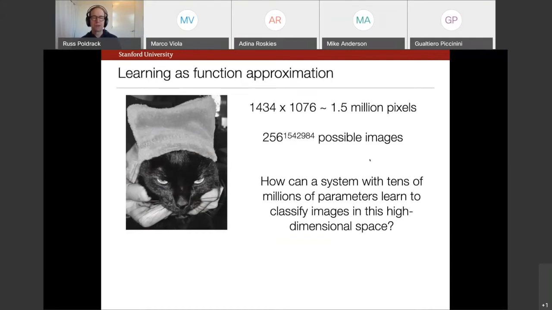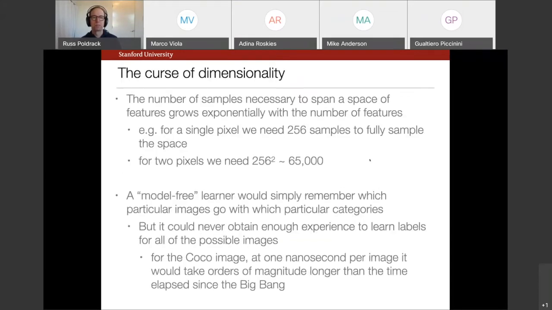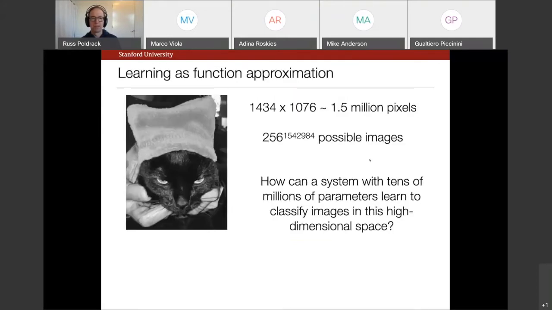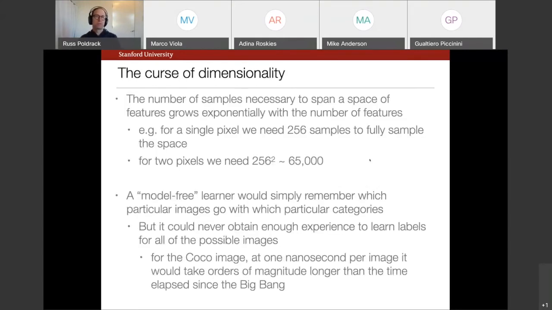In particular, there's a problem that arises when we think about how we would go about learning the relationship between any possible one of these 256 to the 1.5 million images and some category. The problem is referred to in computer science and mathematics as the curse of dimensionality. The idea is that the number of samples we need to span a space of features grows exponentially with the number of features.